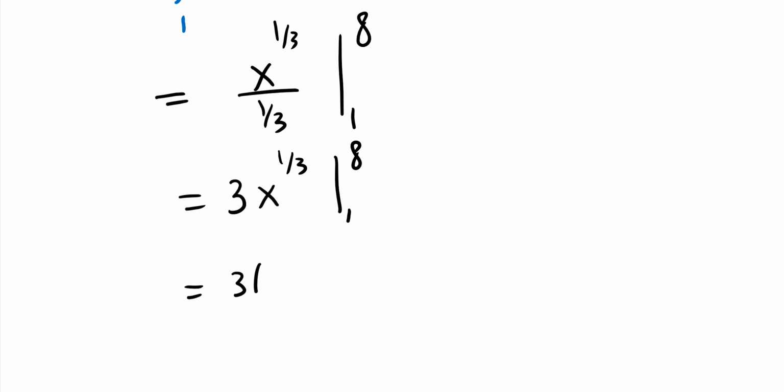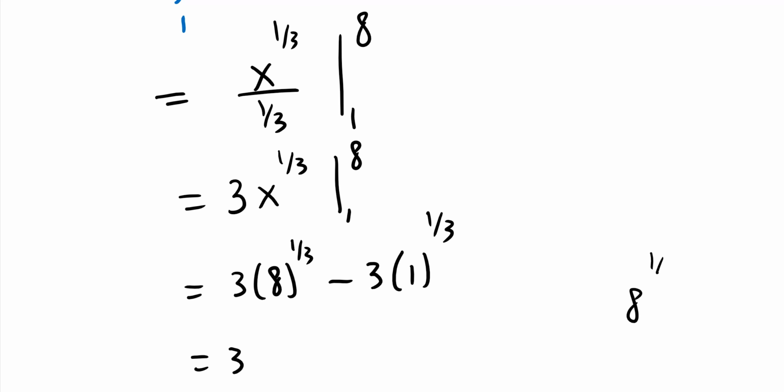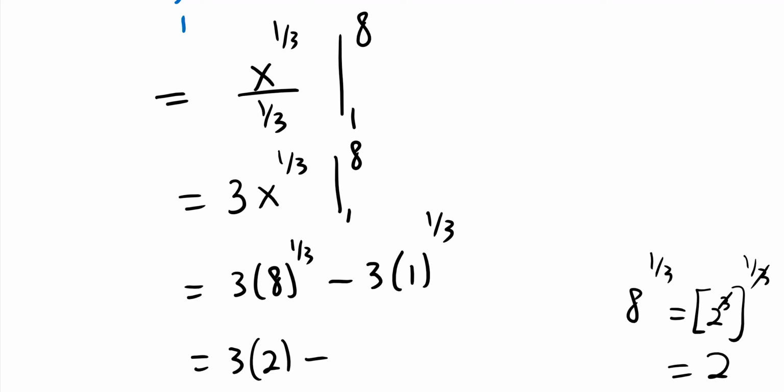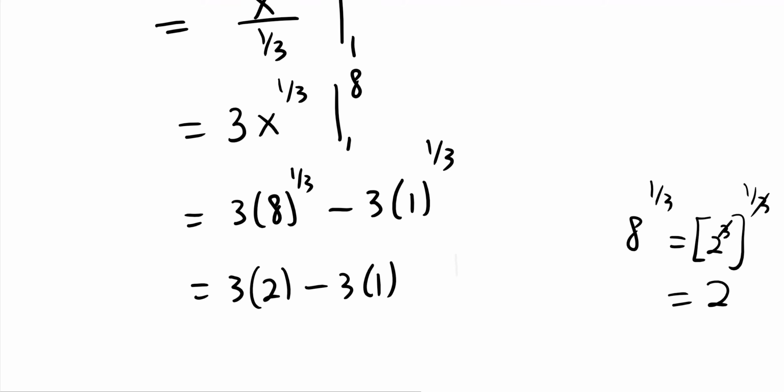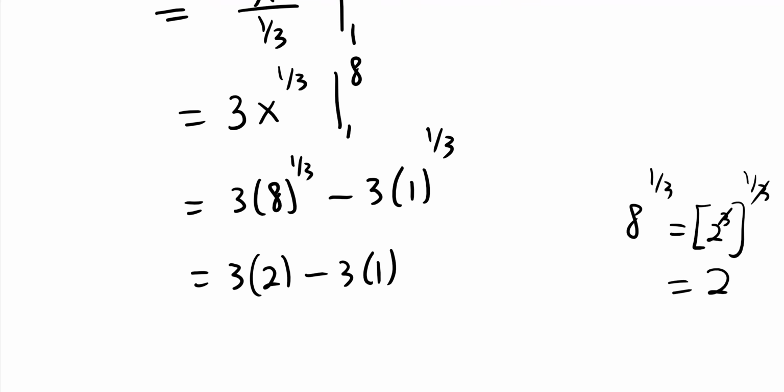Substitute first the 8 to the 1/3, minus, substitute the 1 next, 1 to the 1/3. How do you simplify 8 to the 1/3? 8 is 2 to the 3rd power if you prime factorize it. So the 3's cancel, and that gives us 2. Minus 3 times 1, and 1 to the 1/3 is 1. So that gives us 6 minus 3, which is 3.